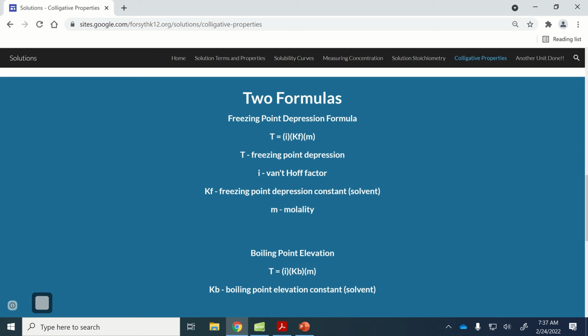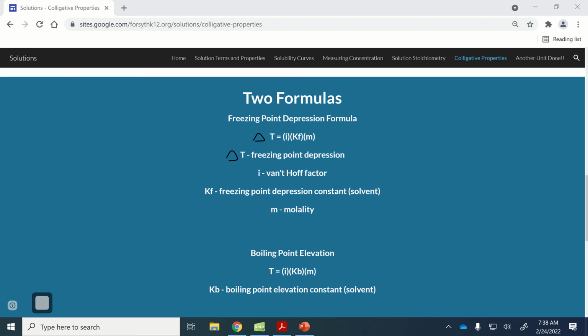Okay, so we have 2 formulas. You'll see that they're very similar, and I'll do a couple examples to show you how this works. Usually this is delta T. I just couldn't do that in the Google site here. But the freezing point depression formula is delta T, where delta T is the change in the temperature occurring to the freezing point, and it will equal i times Kf times lowercase m.